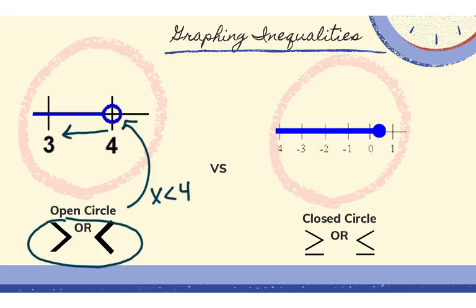Over here on the right, we see that we graph greater than or equal to and less than or equal to with closed circles. That is intended to let us know that the number is inclusive. It is included in the solution.